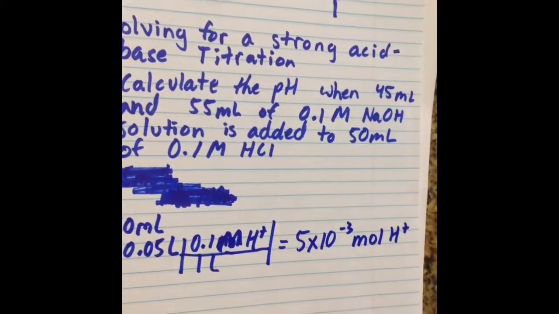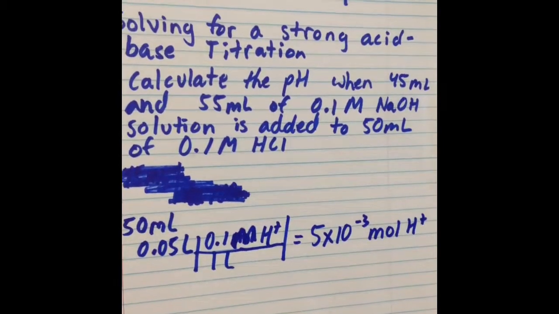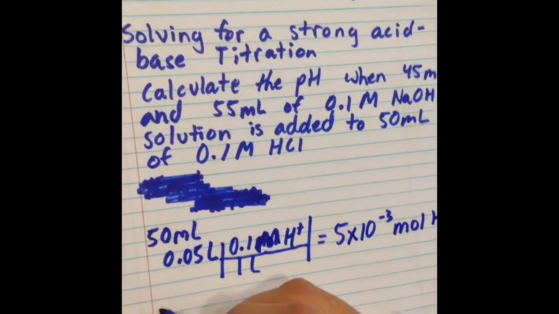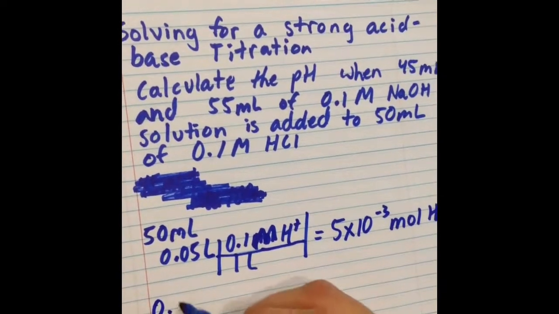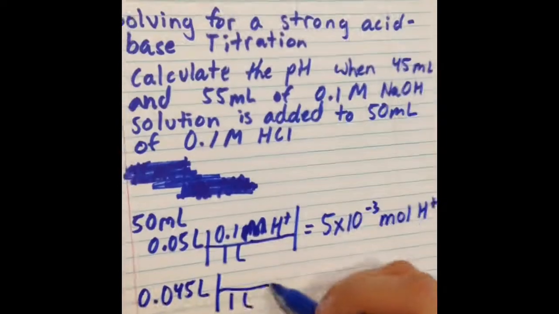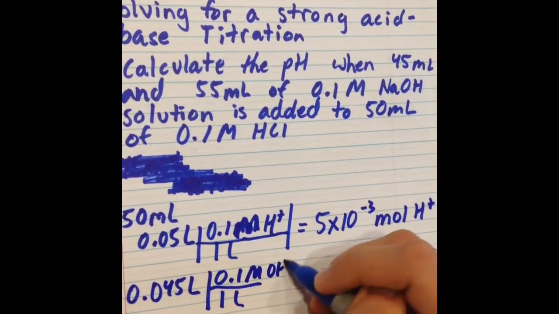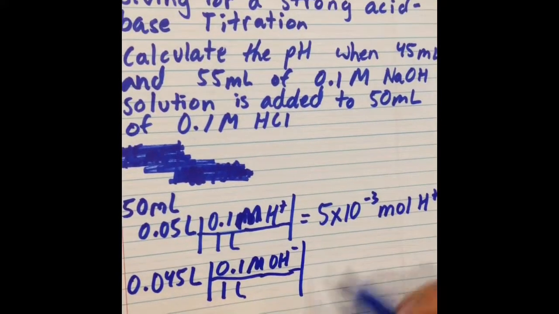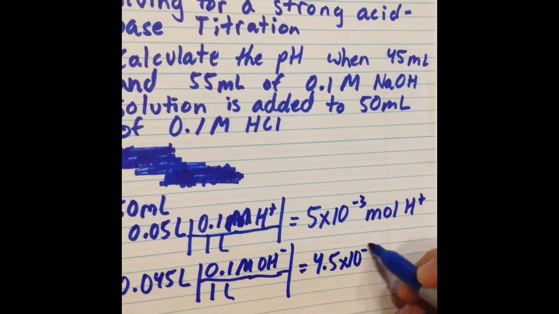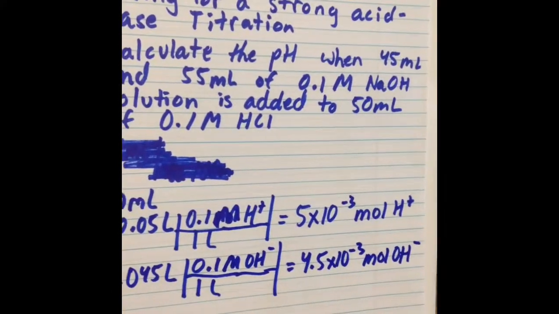Now we're going to do the same for the OH- ions. We start with the 45 milliliters, and when we convert that to liters, it is 0.045 liters. In 1 liter there is 0.1 mole OH-, and we get 4.5 times 10 to the negative 3 mole OH-.